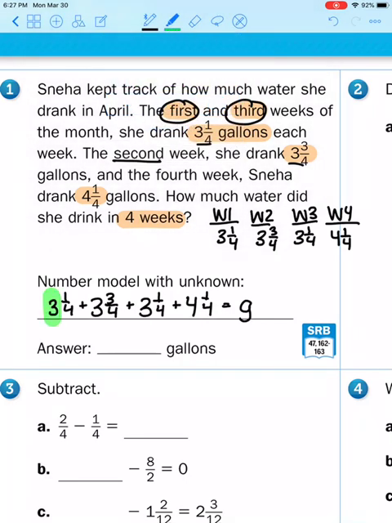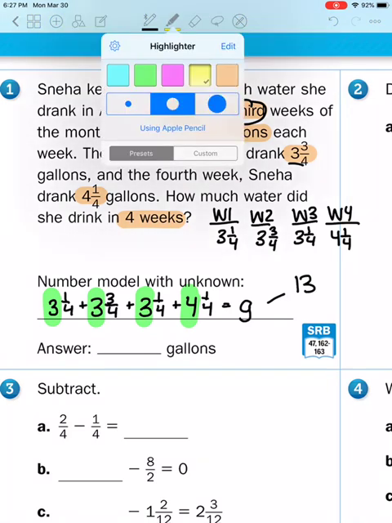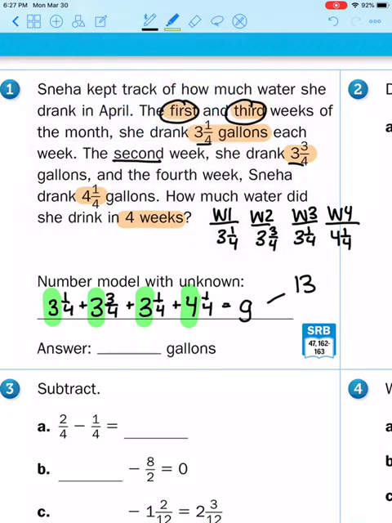So 3 plus 3 is 6, plus 3 is 9, plus 4 is 13. So we have 13 for the whole numbers. Now let's do the numerators.